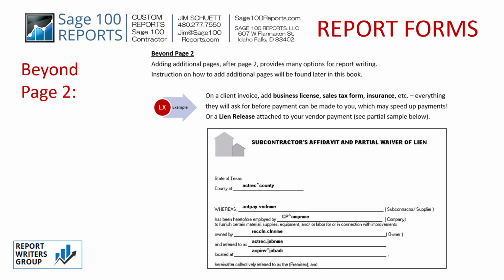If it's a subcontract, then the first page usually gives them the numbers and detail for the subcontract. The pages after that could be all the boilerplate verbiage that the subcontractor needs, and then the signature sheets at the end. So all kinds of things could be added to report forms, beyond pages 1 and 2.